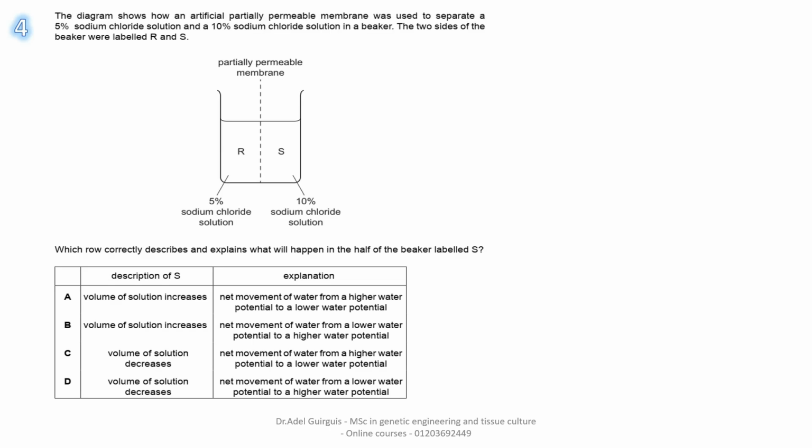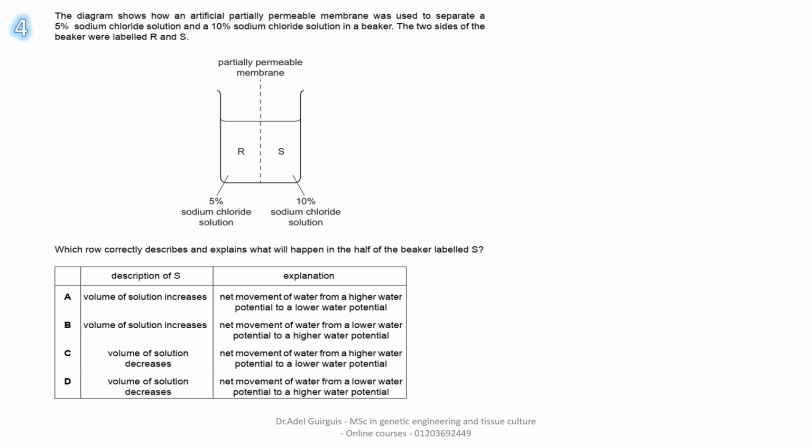Number 4. The diagram shows how an artificial partially permeable membrane was used to separate 5% sodium chloride solution and 10% sodium chloride solution in a beaker. The two sides of the beaker were labeled R and S. R contains 5% sodium chloride solution, S contains 10% sodium chloride solution.